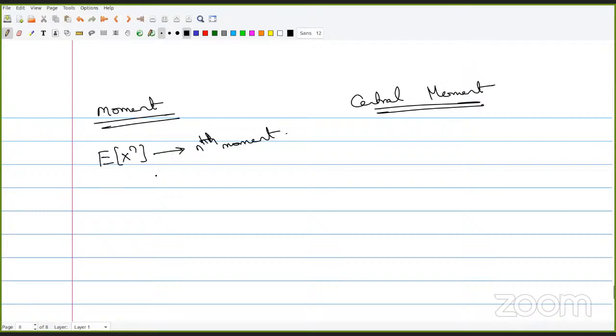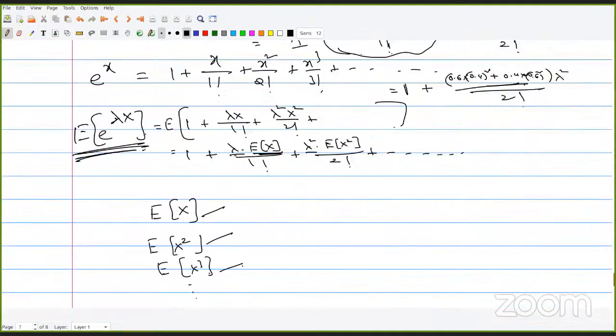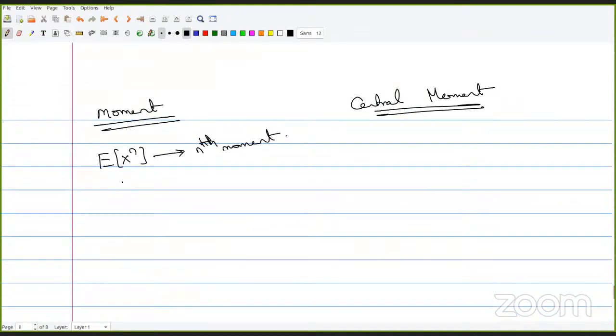This moment generating function gives us the moments. So the first moment is the mean, the second moment is the expected value of x square, the third moment is the expected value of x cube. These are called moments. This moment generating function actually generates these moments, and that is why it is called the moment generating function.